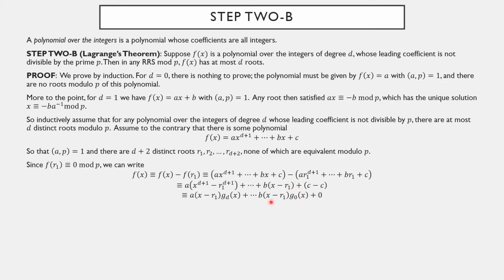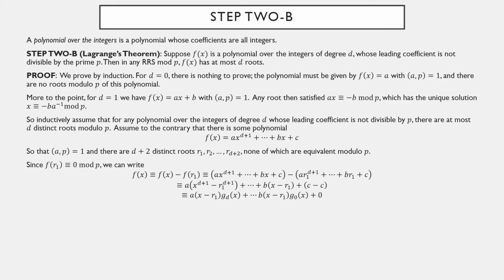Now, x minus r1 I can write as x minus r1 times a 0-degree polynomial, specifically the constant 1. X to a power minus r to a power has an x minus r that can be factored out, leaving behind a degree d polynomial. This is kind of a general factoring result; let me use different letters.